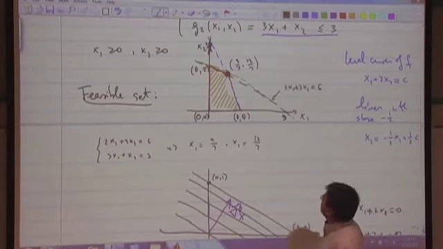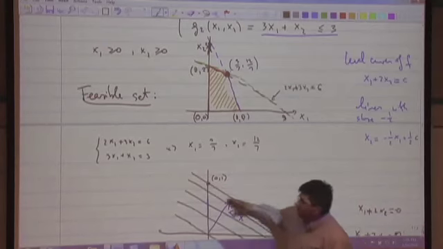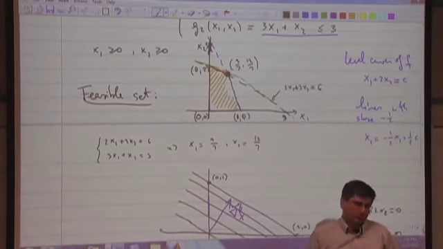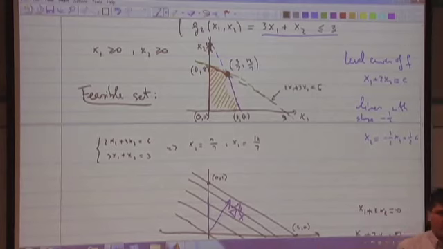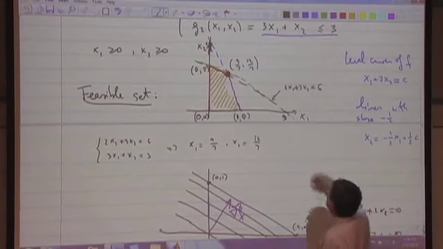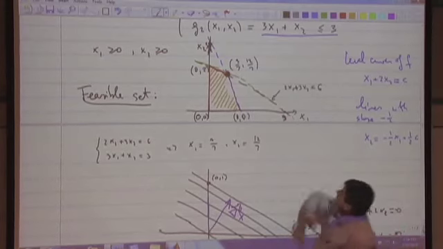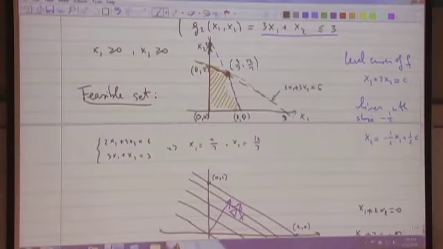It depends on the slopes of this line compared to the slopes of the constraints, right? If you look at the slope of the green line, then you see the slope is negative two-thirds, right?